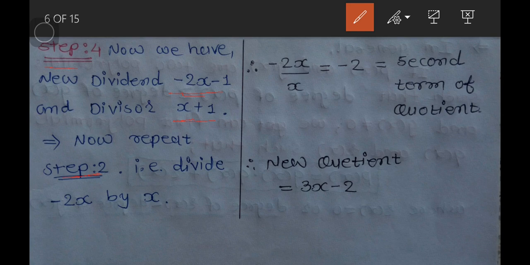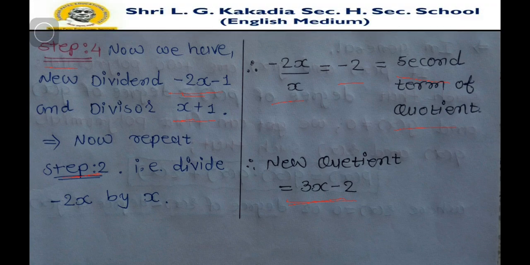So we divide minus 2x by x, and we get minus 2, which is the second term of our quotient. We put this term in our quotient, and our new quotient is 3x minus 2.